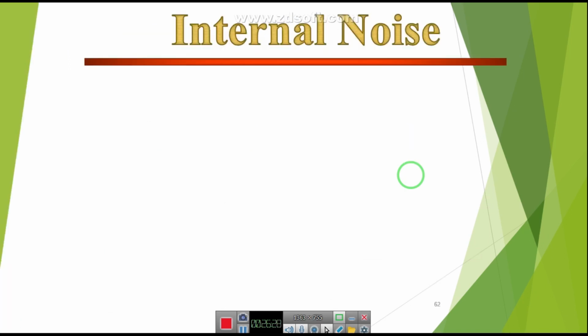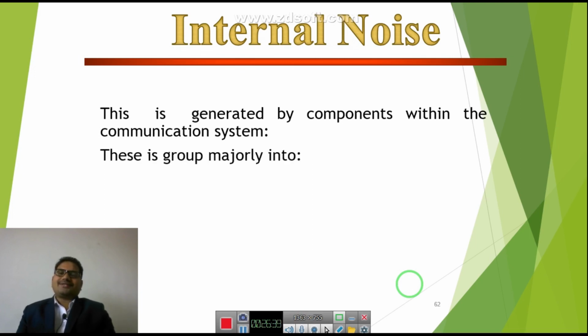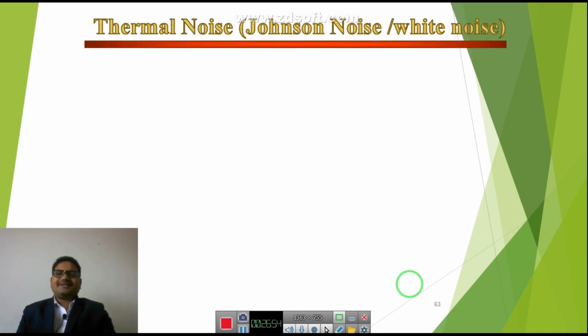Now, what is internal noise? Internal noise is generated by components within the communication system, and it is grouped majorly into two types: thermal noise and semiconductor noise. Again, semiconductor noise is categorized as shot noise, transit time noise, and flicker noise.